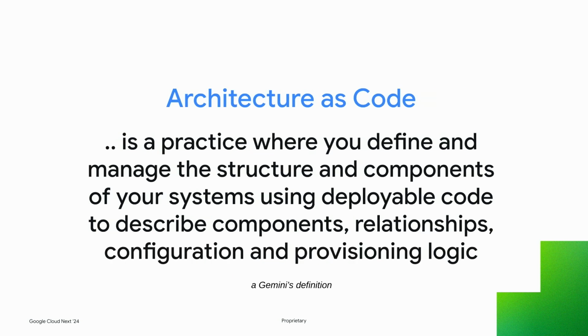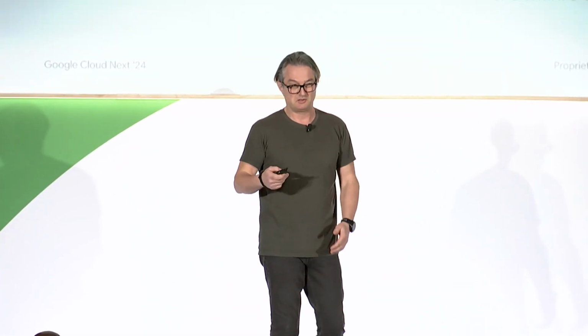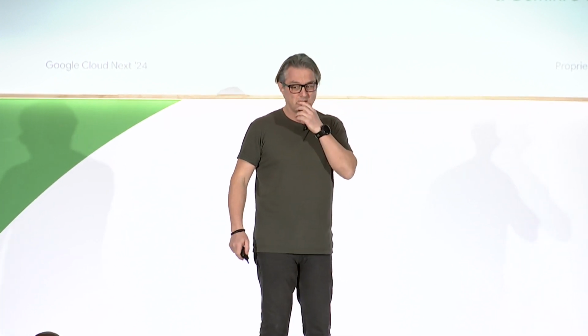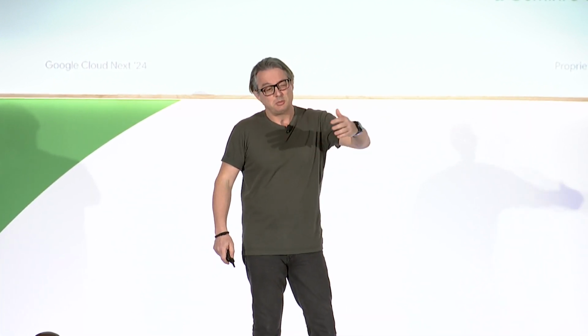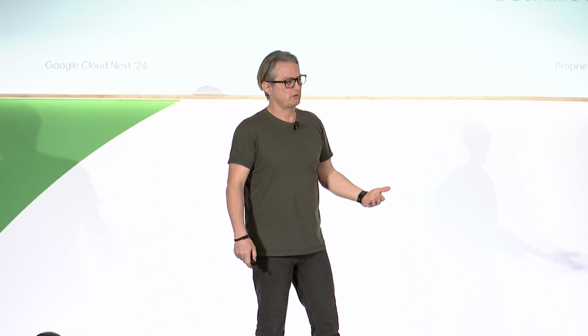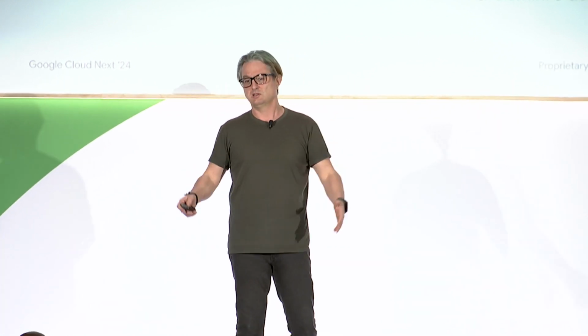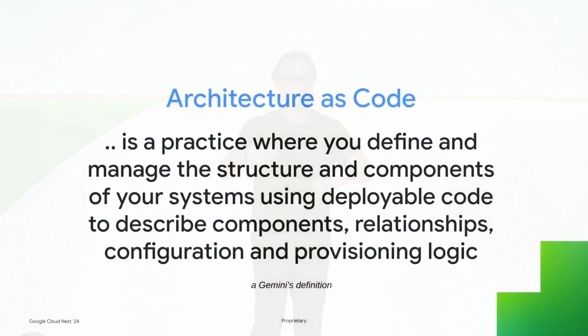And then you have something more modern-ish, architecture as code. It's an approach mainly adopted by cloud communities. It is complementary to infrastructure as code, because it assumes that you do a bit more than just infrastructure. You have to take care of your applications and the overall structure.